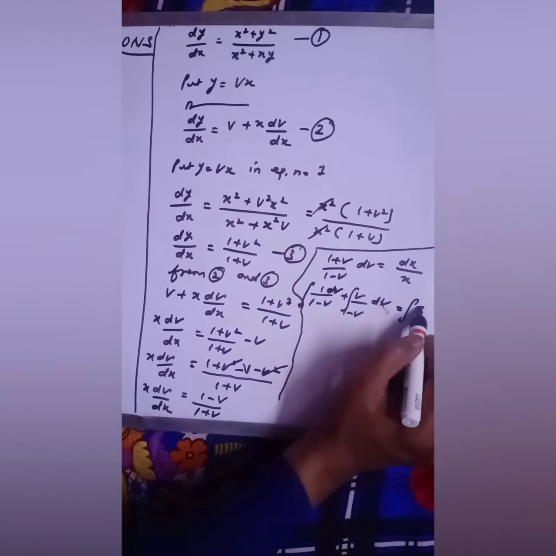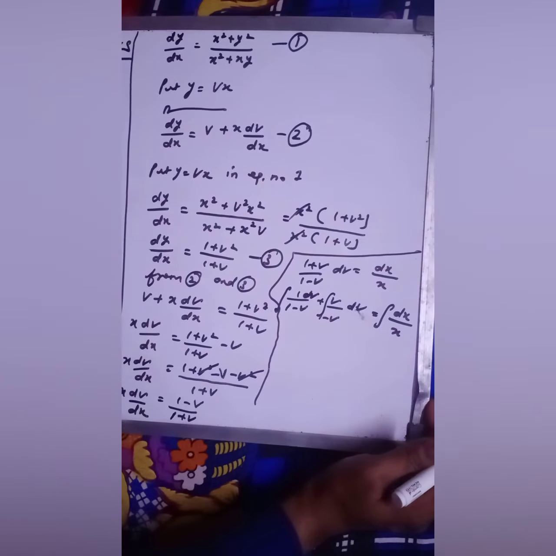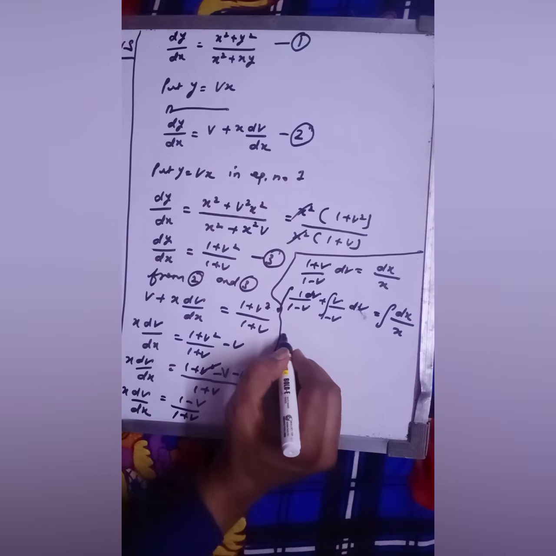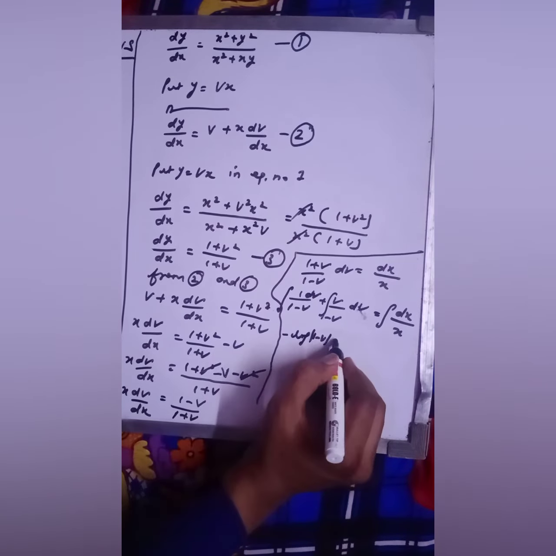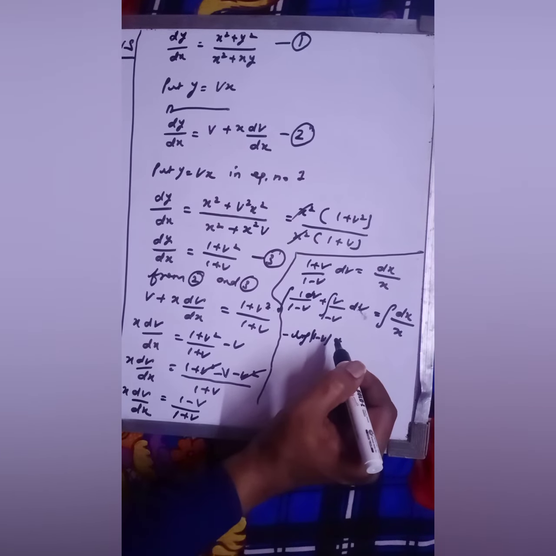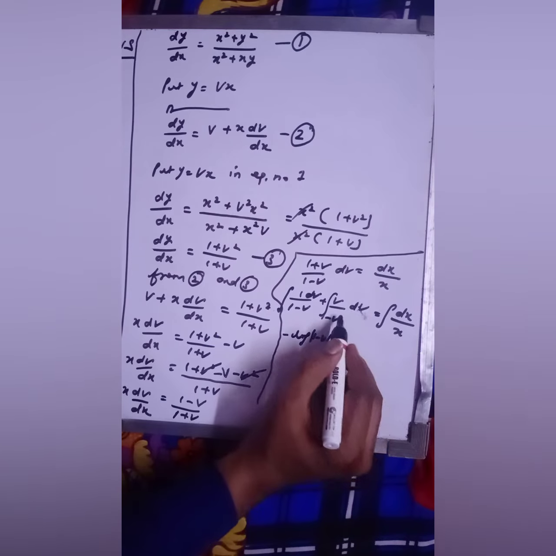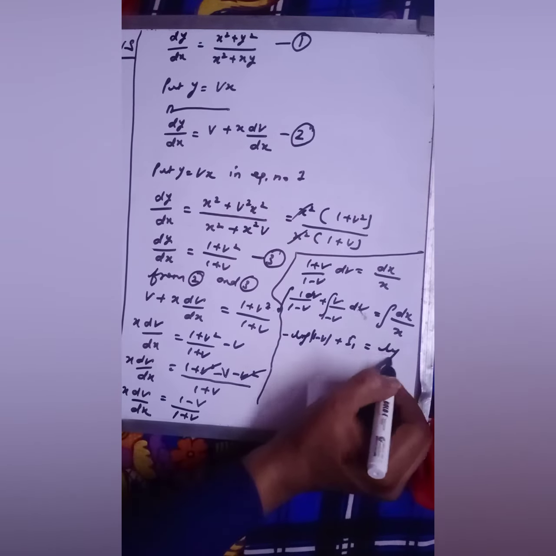And here dx by x will come. Okay. So when you find the integration of this, you will get minus log (1 minus v) plus, and similarly when you integrate it, you can easily integrate this. So I'm assuming that this is equals to I1. Okay, that is equals to log x plus c.